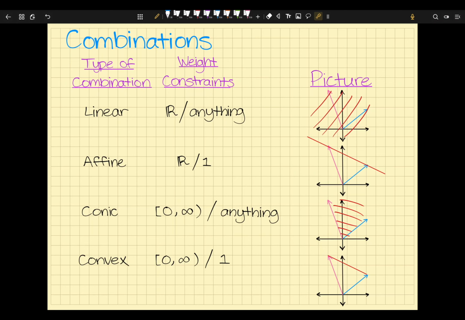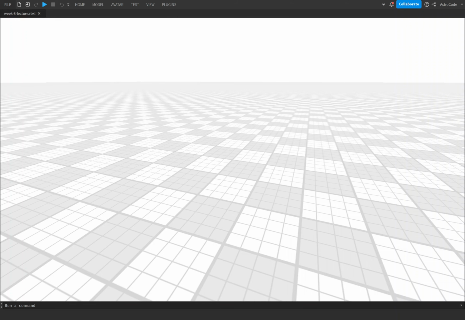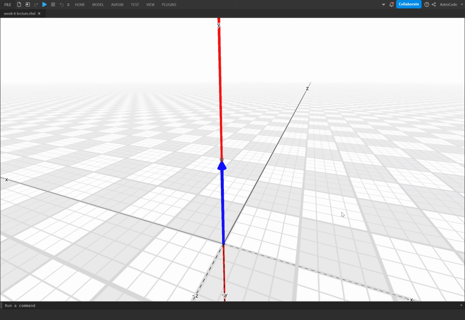All right, I'm going to now show you some more examples of these things. Let's start with a linear subspace.